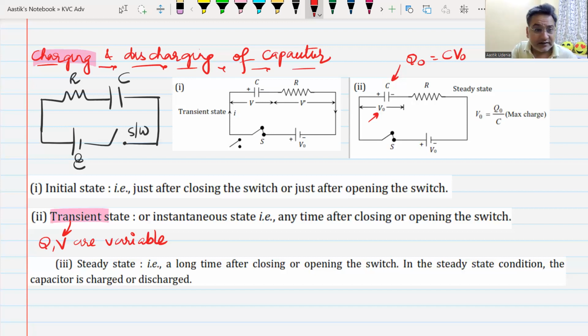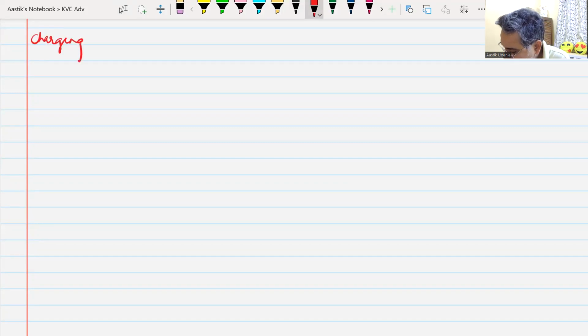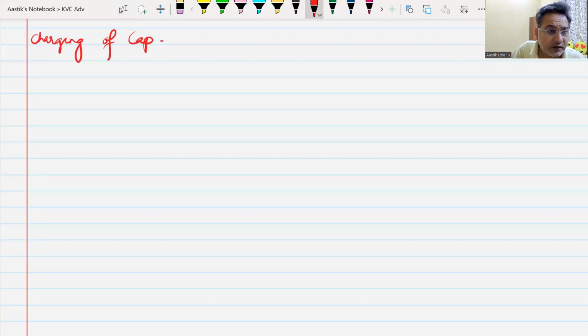So now let us go through it quickly. The charging of the capacitor, and if I draw a circuit, this circuit would have both charging and discharging combined together.